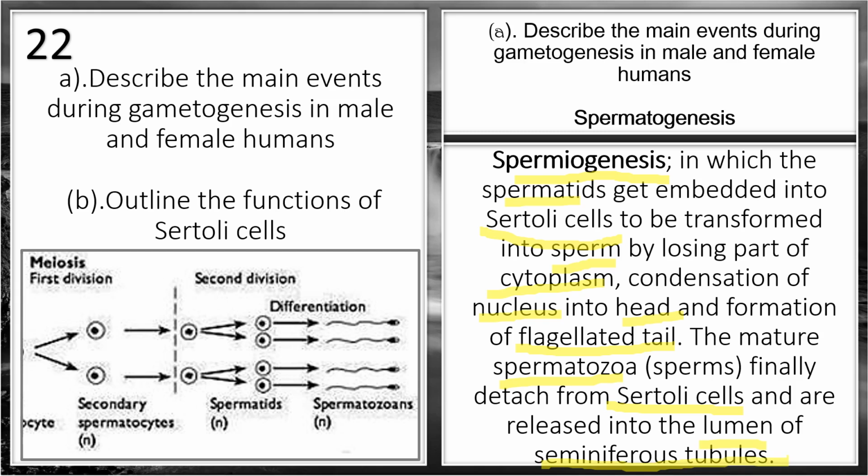So we have the spermatids. These spermatids, after being formed, will get embedded or attached to the Sertoli cells. And on the Sertoli cells, they will be transformed into the sperms, which have got a nucleus in the head and a flagellated tail.